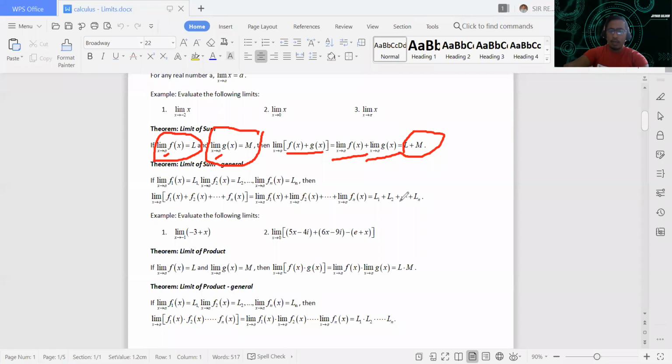You can get the answer for the first function and the answer of the second function. So that is why you have L plus M.